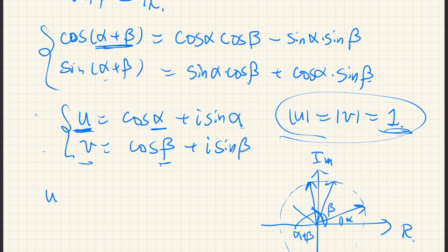So if we multiply u by v, then v is rotated by the argument of u, that is alpha. Okay, so uv. So v is rotated counterclockwise by alpha. So that's what we have.